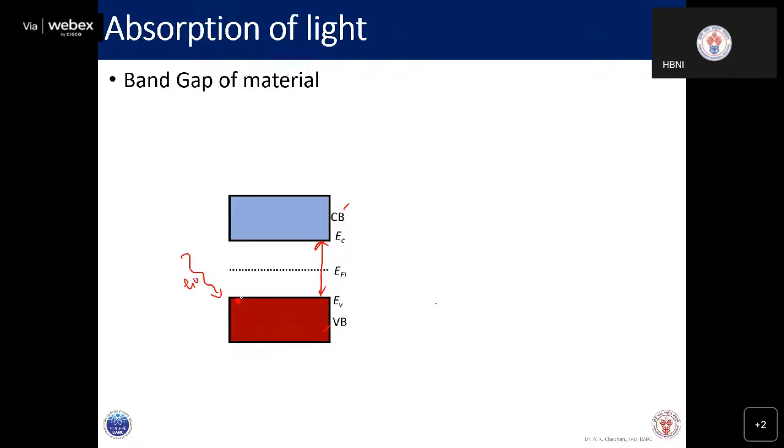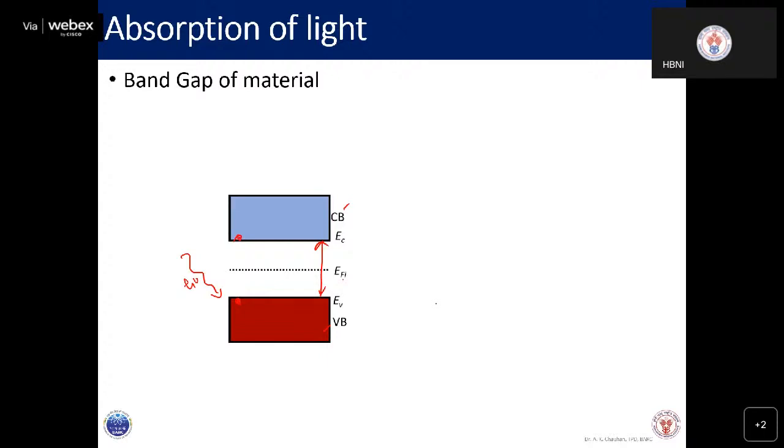If you add this energy, there should be a valid energy level, but it is not there. So at least this much energy is required. When you get a photon of this energy, it will be absorbed and the electron will be promoted to this level. So band gap plays a very important role in absorption.